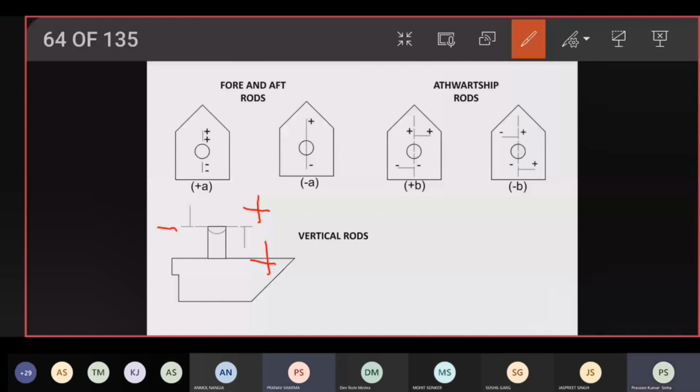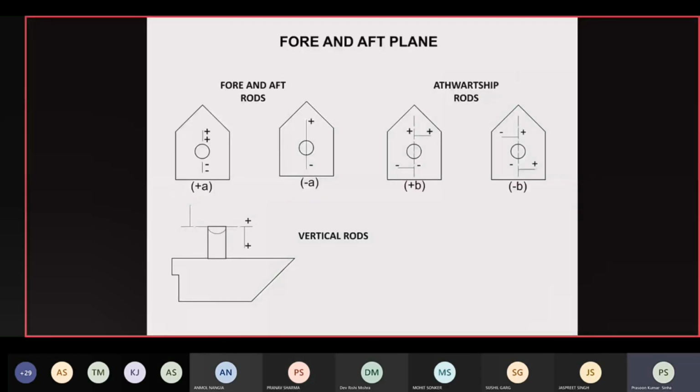Okay. And the top end? Negative. Negative. Why? Because it is above the compass. So you have got it all correct. So this is how the sign of the rod is.